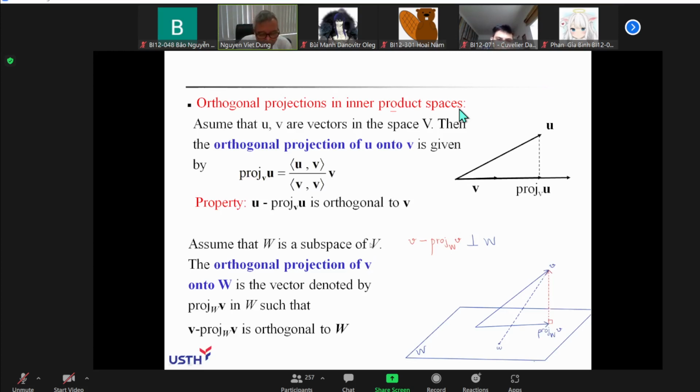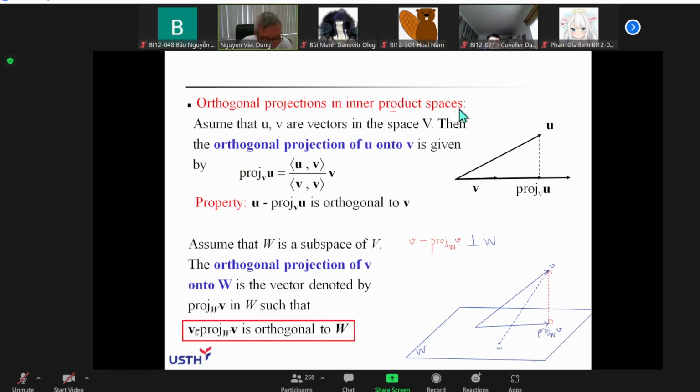Then the orthogonal projection of V onto the subspace W is a vector in W, denoted by projection of V on W, so that V minus projection of V on W is orthogonal to W.